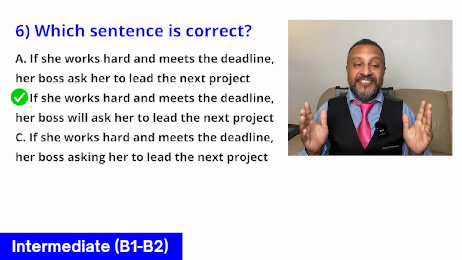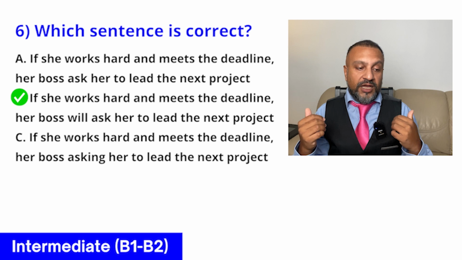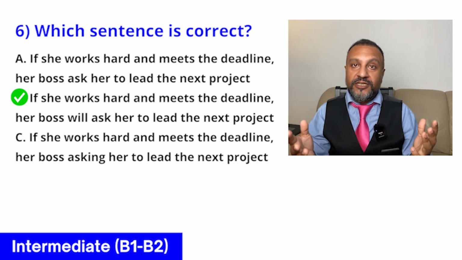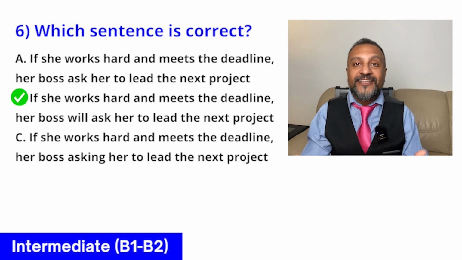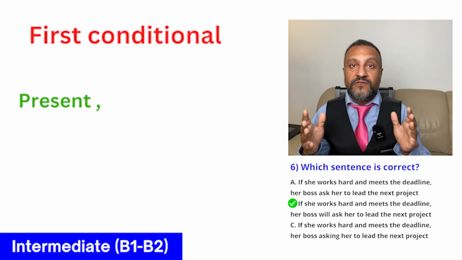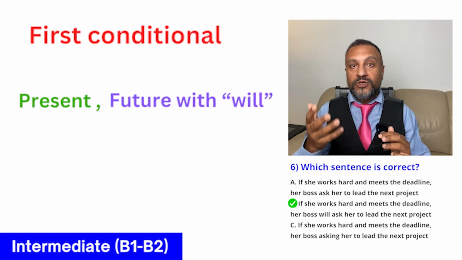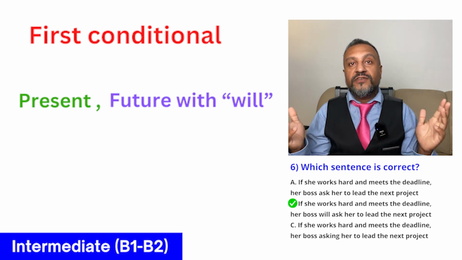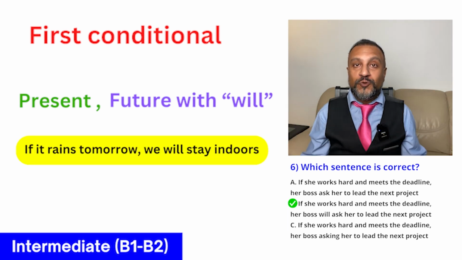The answer is if she works hard and meets the deadline, her boss will ask her to lead the next project. But why? We have the first conditional. In English, with the first conditional, we have the present plus the future using will. If it rains tomorrow, we will stay indoors.